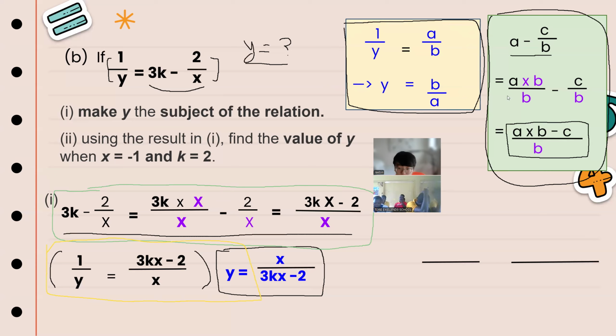For the green part, we have A minus C over B. This equals multiplying A by B over B and then subtracting C over B. Because multiplying A by B over B equals 1, right? So it doesn't make a difference.